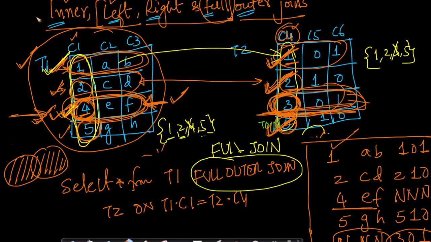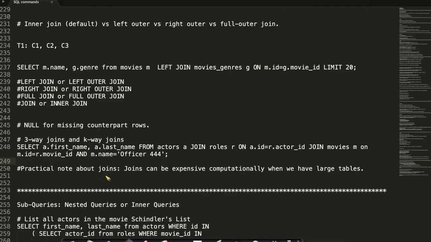So we have seen an inner join, a left outer join, a right outer join, and a full outer join. Now let's see some examples. Let's look at this query. Here I'm printing movie.name and movie.genre from movies M left join, which means if there is a movie without any genres, still print it.